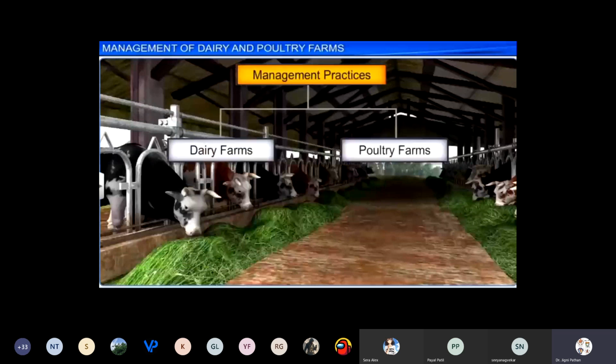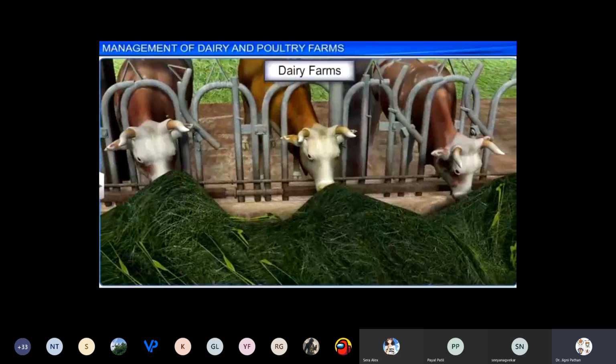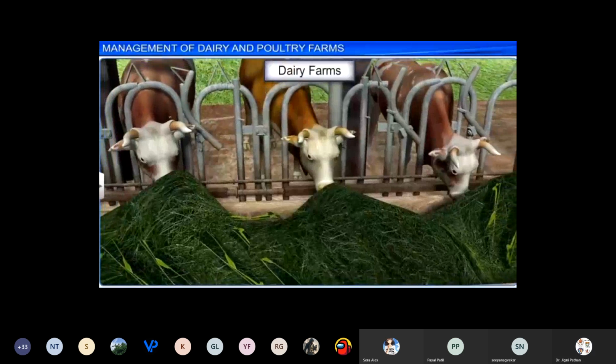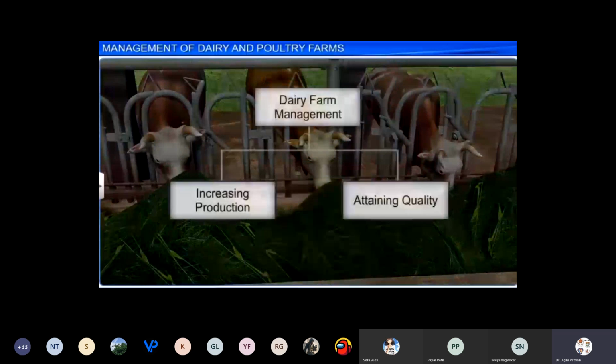Traditional methods have been combined with innovative technologies to boost food production. Dairy farms rear animals for milk and milk products. The management methods used to increase production without compromising on the quality of milk is called dairy farm management.